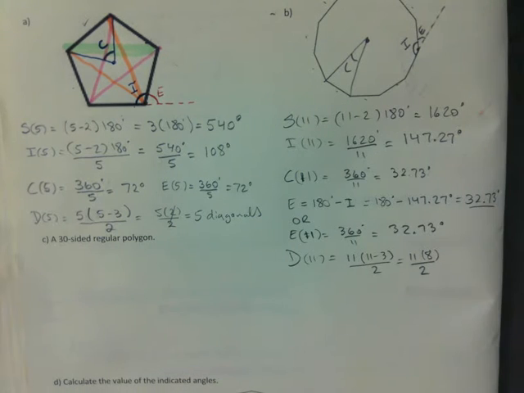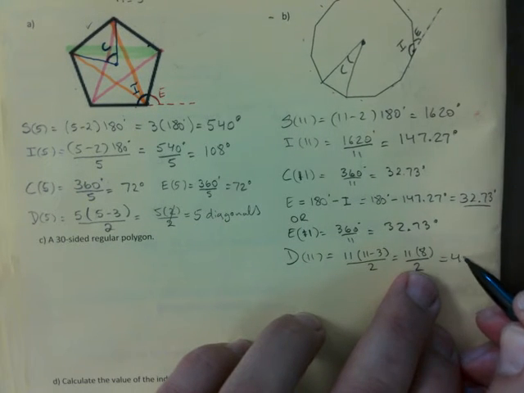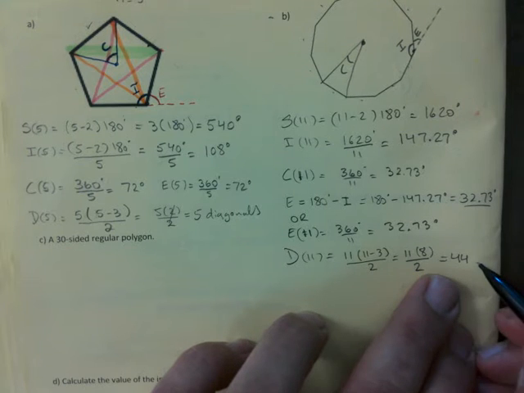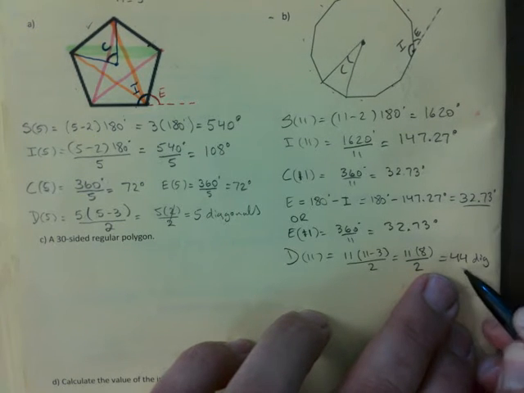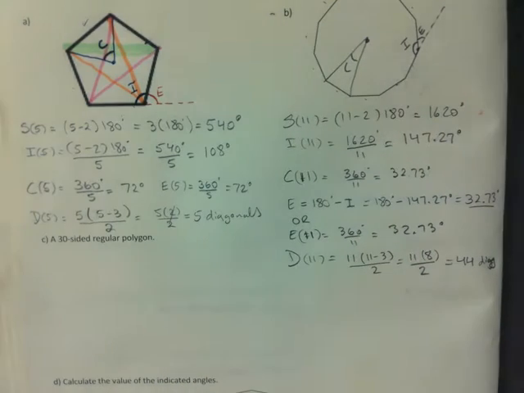Let's do some mental math there. When it's just multiplying and dividing, I would go 8 divided by 2 is 4. 4 times 11, 44. 44 what? Degrees or diagonals, right? Diagonals. There we go. Not degrees.